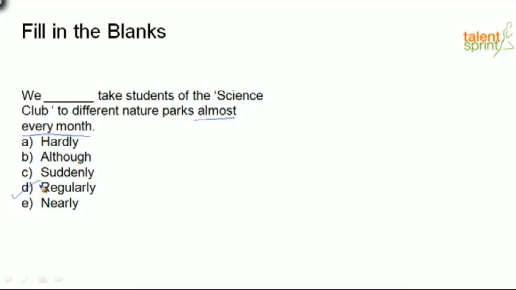So hardly is a completely different meaning. Although is a contrast clue word, doesn't fit in this context. Suddenly would not fit because we have almost every month, right? And nearly also means almost, right? So if I say he worked there for nearly 5 years, which means for almost 5 years this person worked in this particular organization, and that's not the meaning that this context is giving, right?